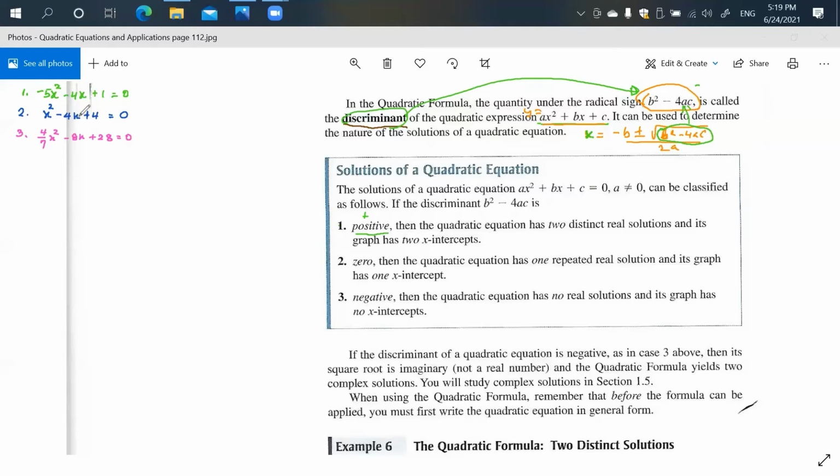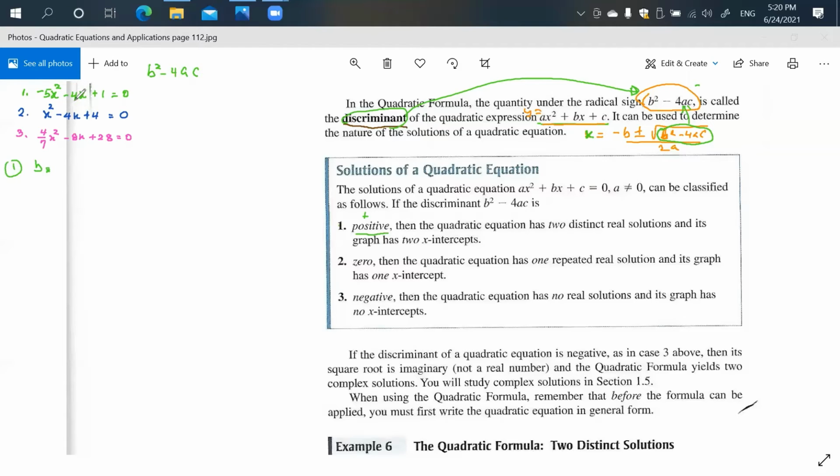Okay, so then you use this formula, right? From this, I write down here b squared minus 4ac, the discriminant. For solution number one, you first find b. You see from here, b equals negative 4. This is a, this is b, and this is c.